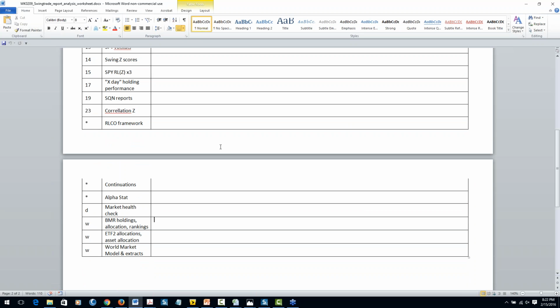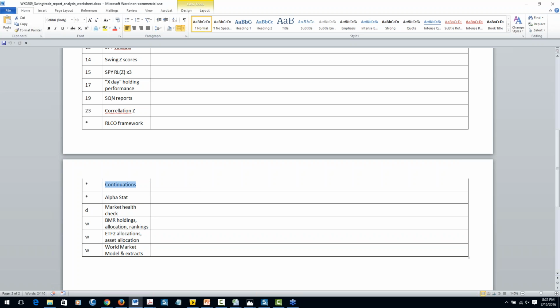And so I've got all the different things that I look at. Now, if there's a number in this column, in that first column, it means it's on the daily report on that page. If there's something that is starred, like it says RLCO framework and continuations and the VolStat, well, those are things that are not found in the daily report, but which, when you look at the charts that we use, you may see some of those.